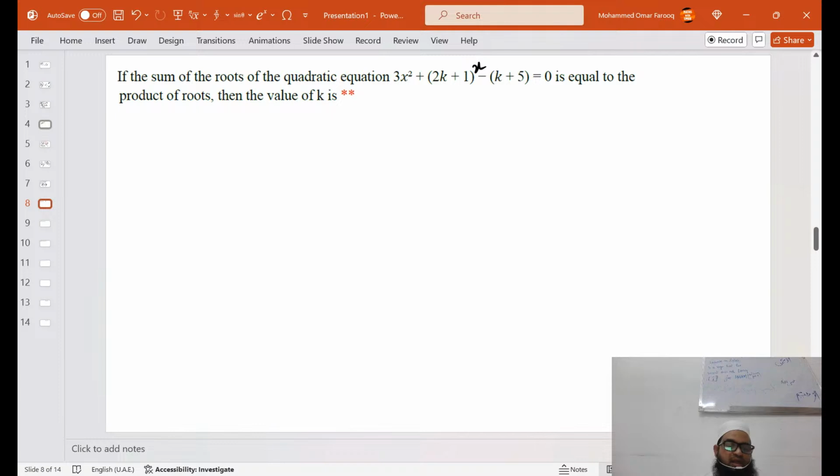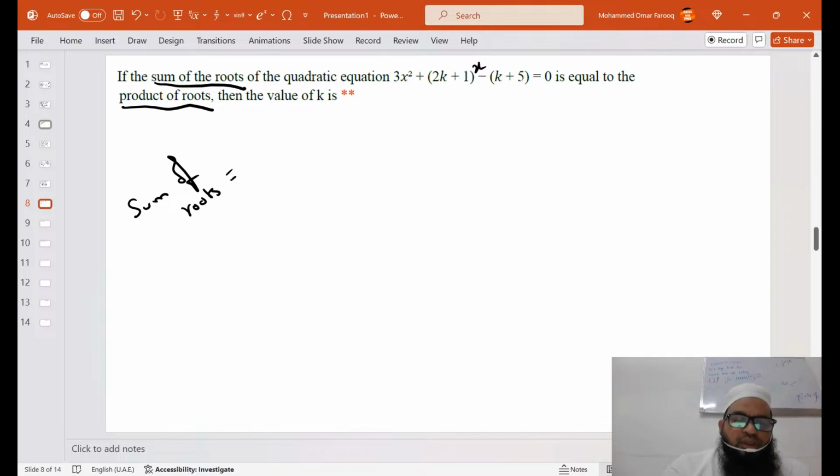So what he has given here: sum of roots is equal to product of roots. Now, what is sum of roots, my dear students? What is the formula for sum of roots?